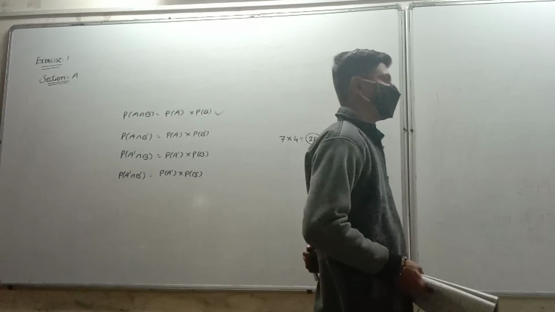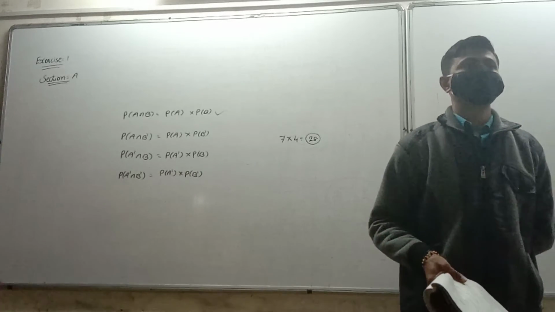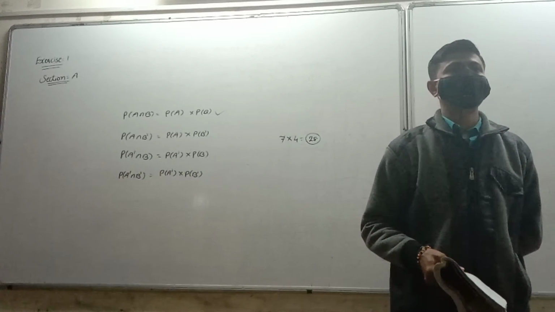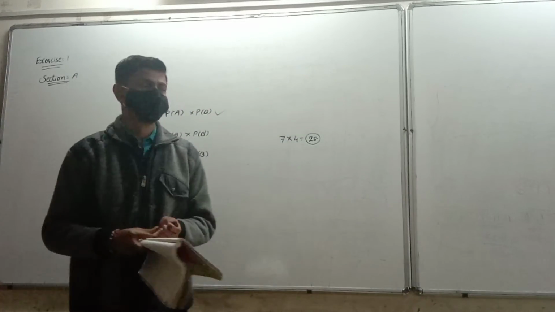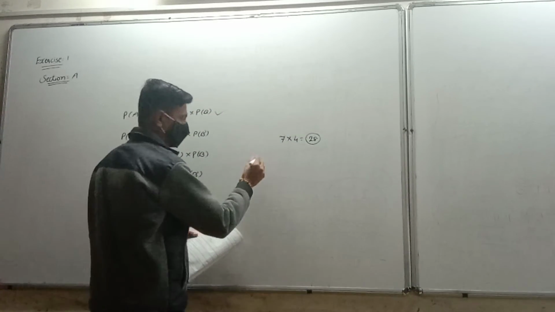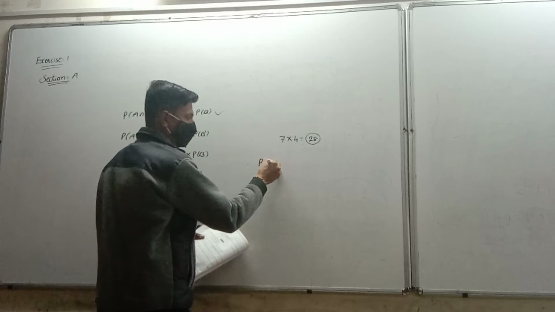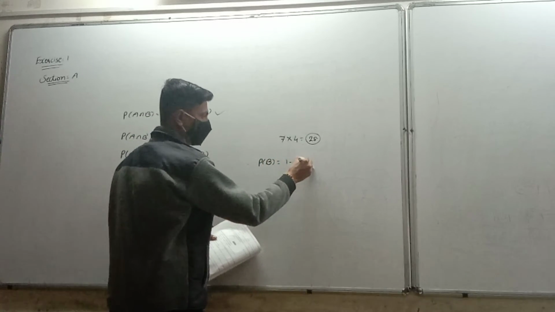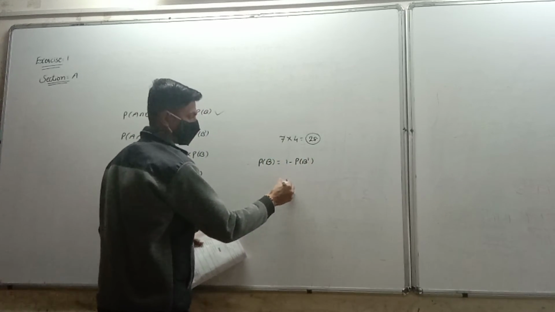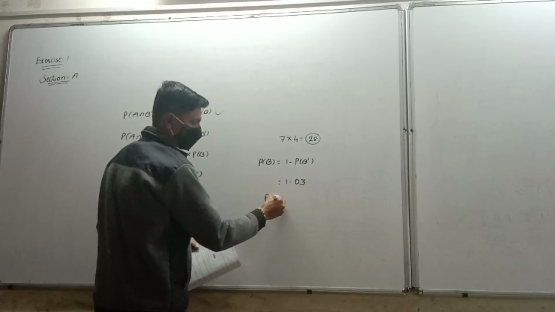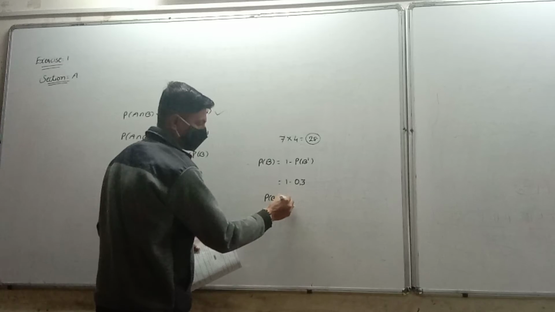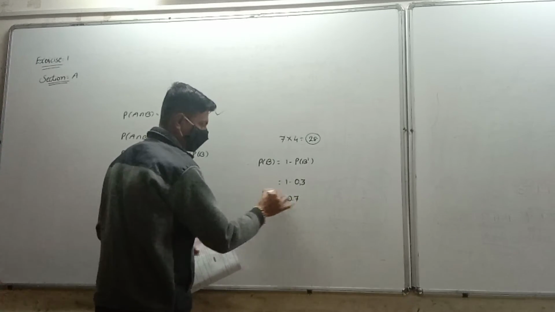A इंटरसेक्शन B की वैल्यू 0.28. Yes, first of all find out event B. B dash given है. So P of B is equal to 1 minus P of B dash. 1 minus 0.3. So probability of event B is 0.7.